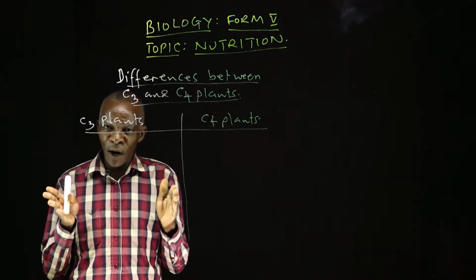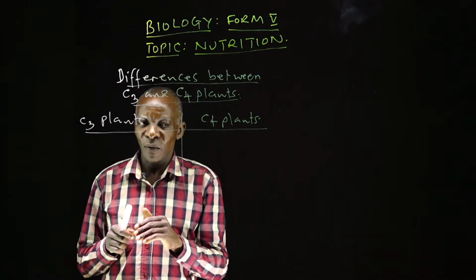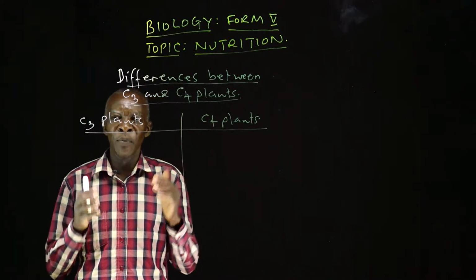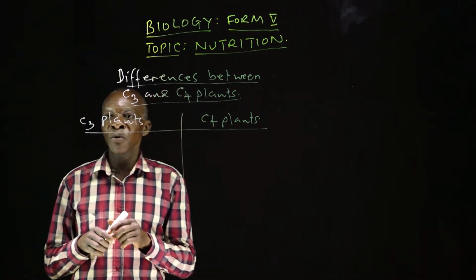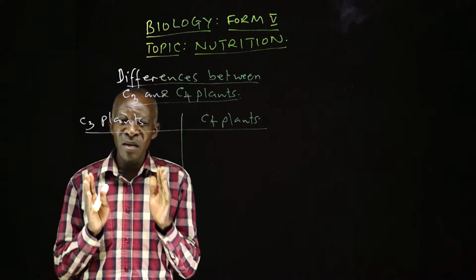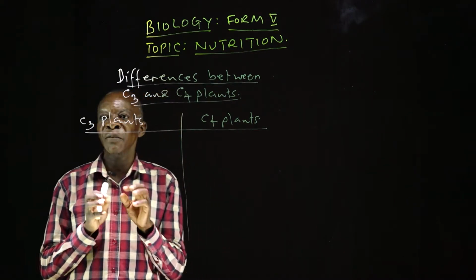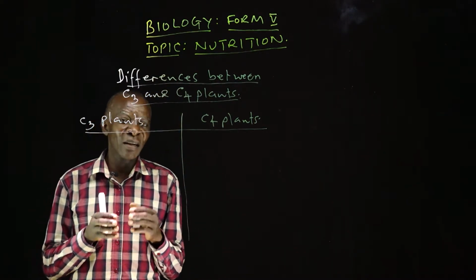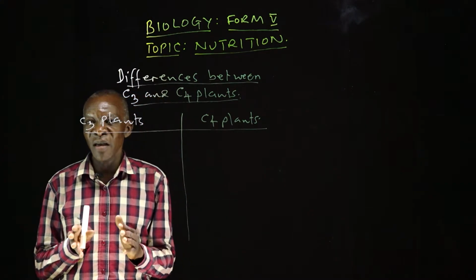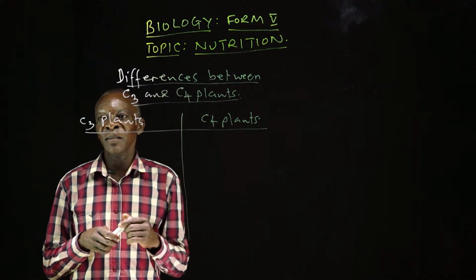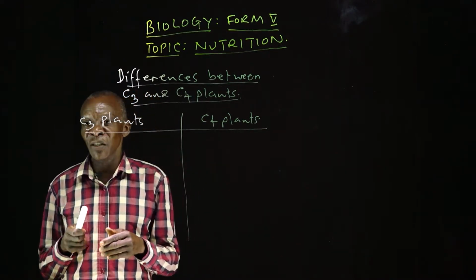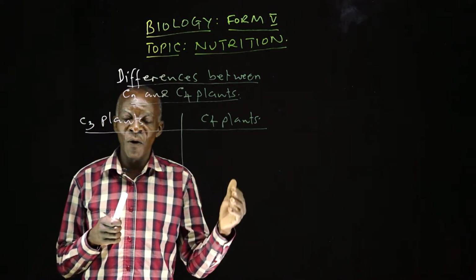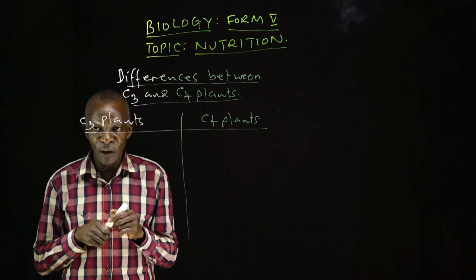From our definition, we have said that C3 plants are those plants whose immediate product of carbon dioxide fixation is a 3-carbon compound, that is PGA, and C4 plants are those plants whose immediate product is a 4-carbon compound, that is oxaloacetic acid.